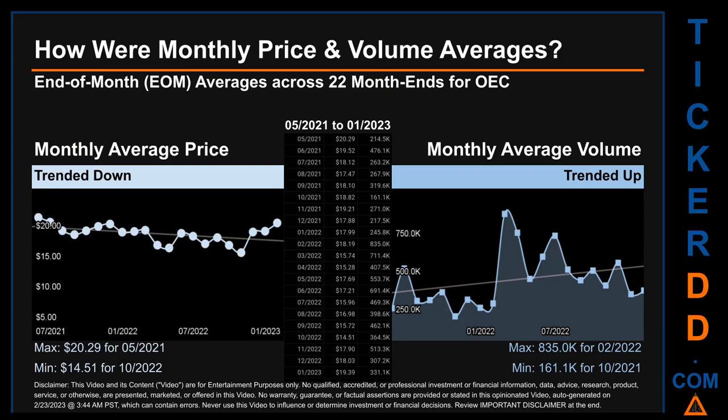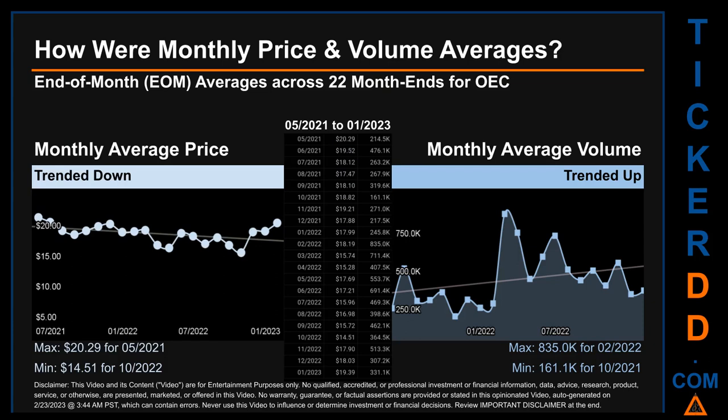How were price and volume averages for OEC? Across 447 trading days, there were a total of 22 month ends, of which monthly averages for daily price and volume were calculated. Overall, monthly price average trended down while monthly volume average trended up.